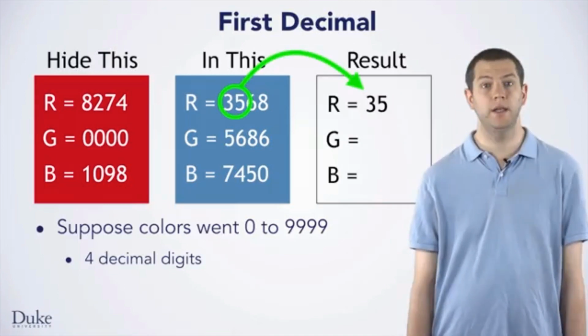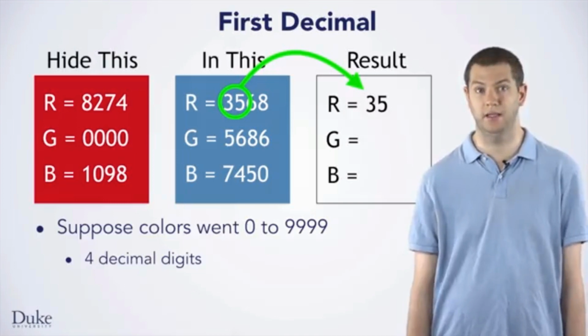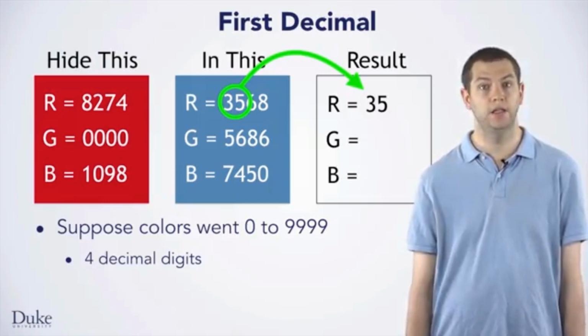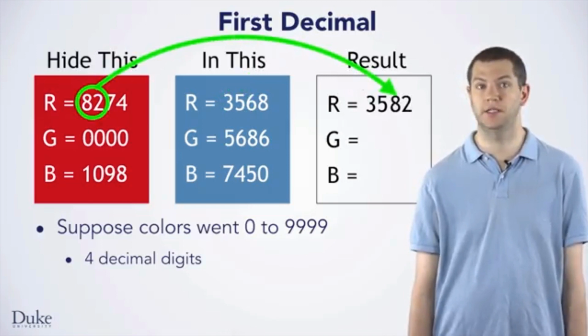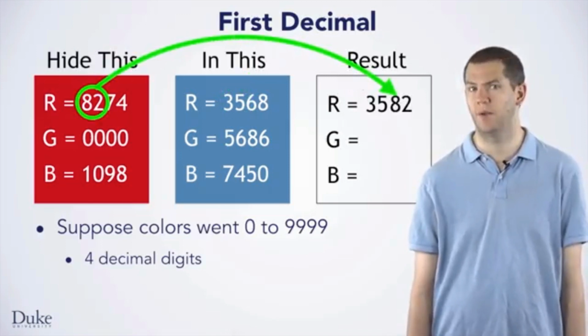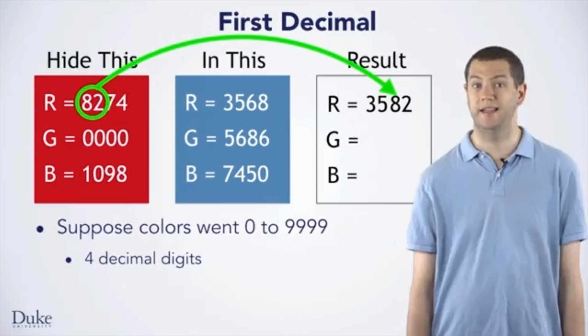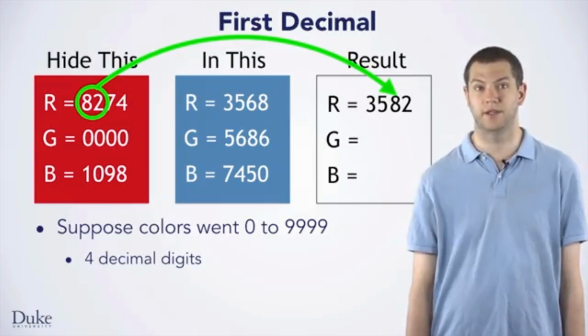For the red, you want to take the most significant 2 digits of the pixel you want to hide the data in, which is the blue pixel, and use them as the most significant 2 digits of the result. Then you want to take the most significant 2 digits of the pixel you want to hide, the red pixel, and use them as the least significant 2 digits of the result.